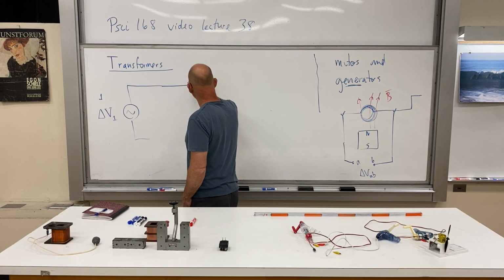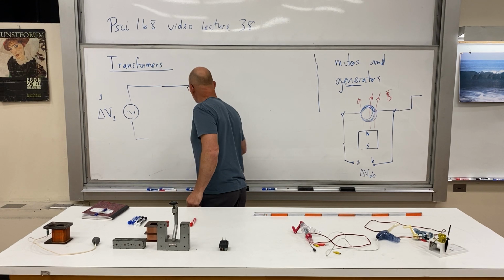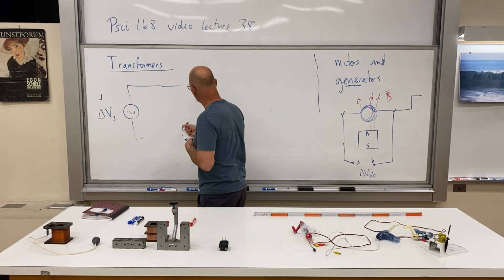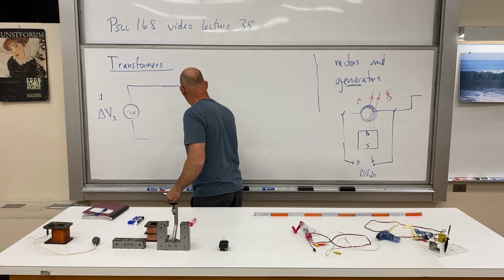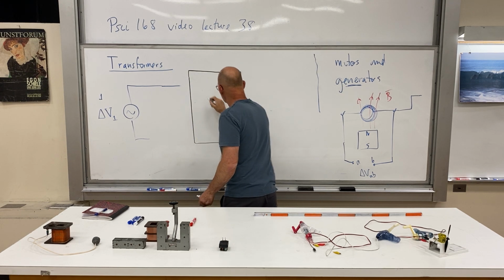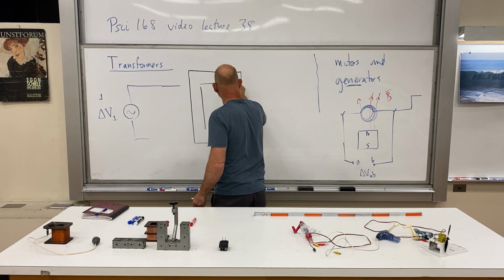We wrap these wires around, let me draw here, I'll use another color. We're going to draw an iron core. We'll just draw a large one, so this is a solid three-dimensional piece of iron.